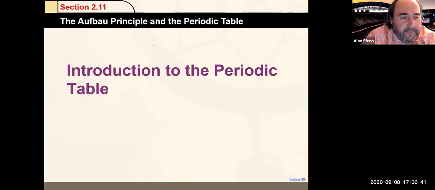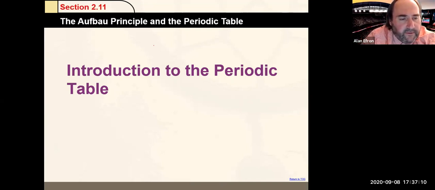So when metals and non-metals come together, metals typically will lose electrons and back up to the noble gas that comes right before them. Non-metals, on the other hand, will gain electrons and go forward to the noble gas that comes right after them. That means they will either lose electrons at the end of their configuration or gain electrons at the end of their configuration to achieve that noble gas configuration.